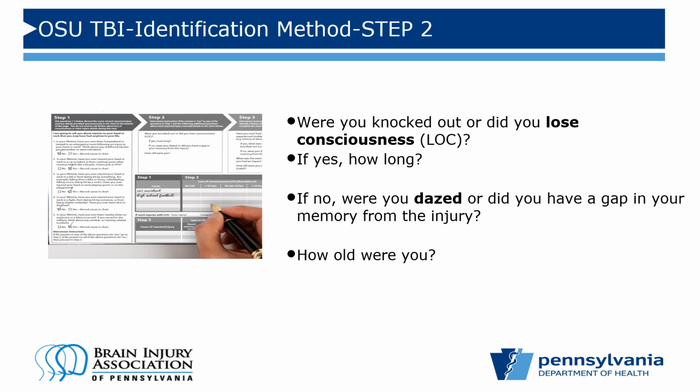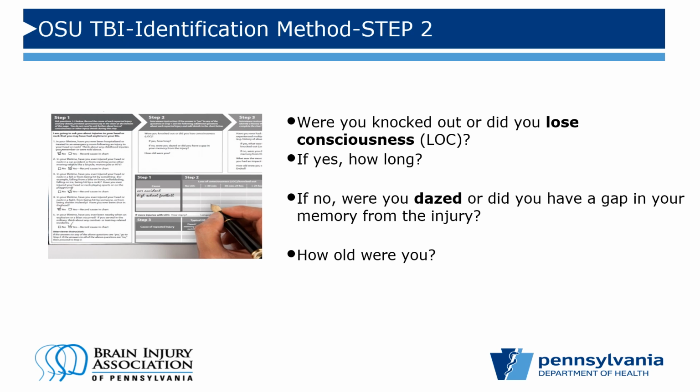Step 2 of the OSU-TBI-ID is the place where we are going to quantify some information around the individual's alteration of consciousness. We're going to find out whether or not they were knocked out or actually lost consciousness, and if so, we're going to quantify that. Was it for less than 30 minutes?